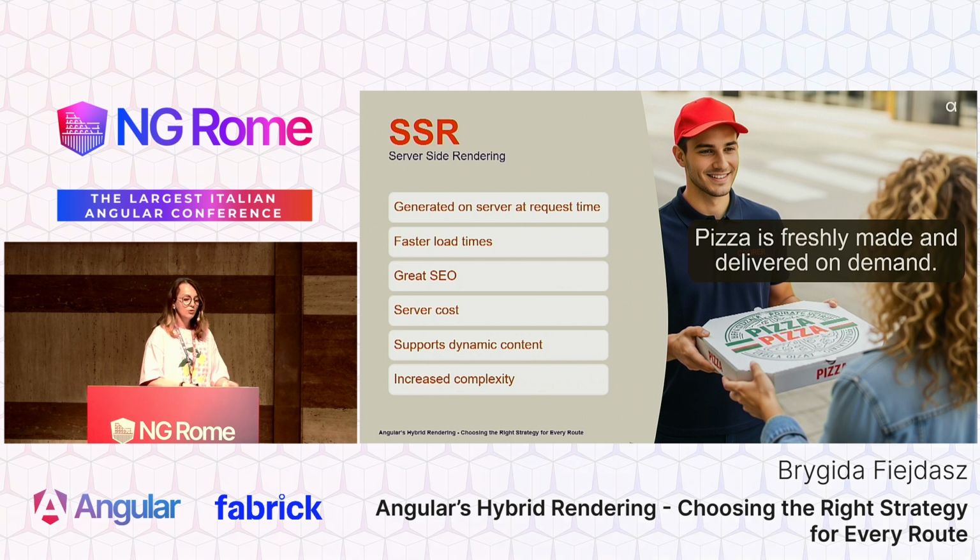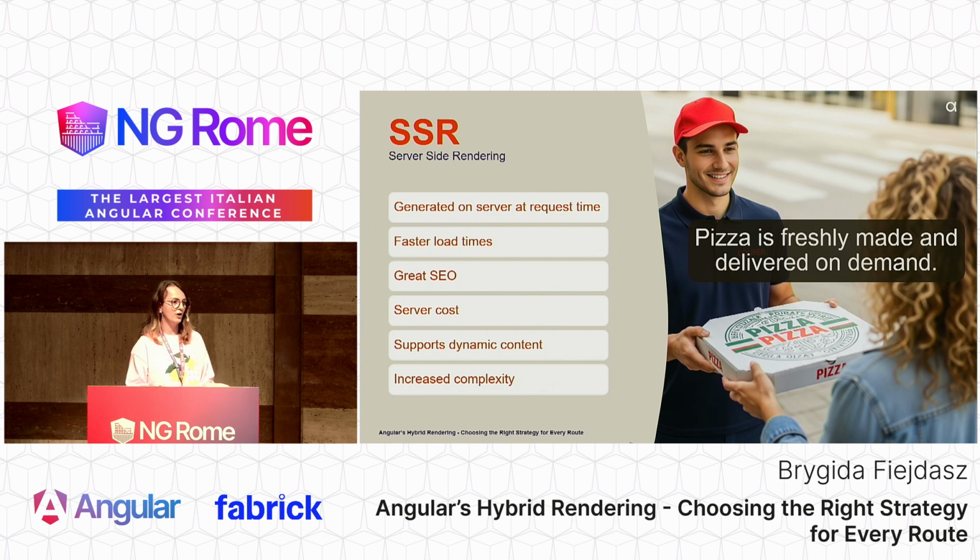So we have faster load times and great SEO results, but we have to deal with server cost and also the complexity of our project. You have to think about not using browser APIs, and about your JavaScript libraries, whether you can use them or not, because they are not compatible with SSR, and so on.